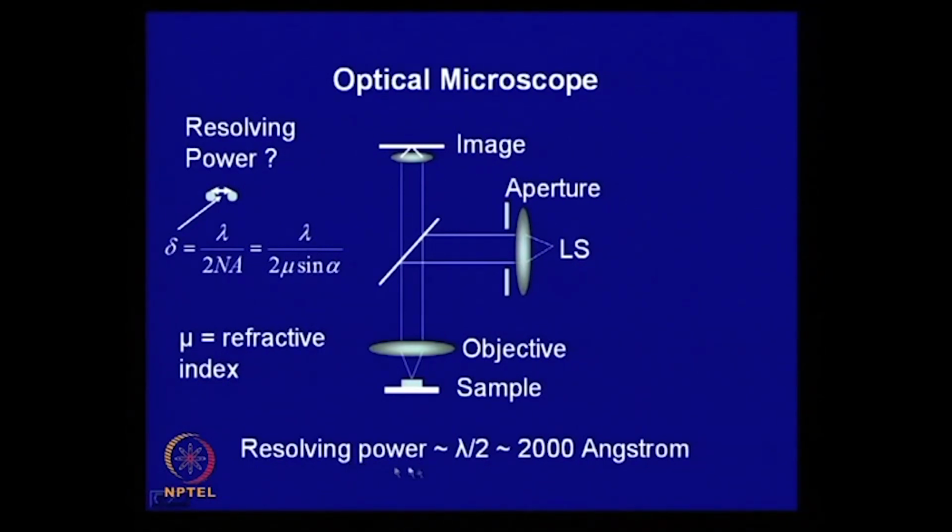With the refractive index of air being 1, we can say, as an approximation, it is of the order of lambda over 2. So, if we use the smallest wavelength, the violet region, we can expect 2000 angstrom to be the resolving power of the microscope.